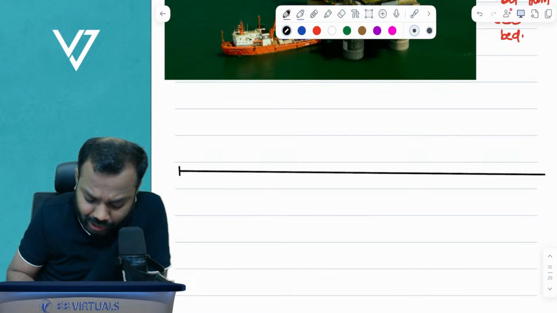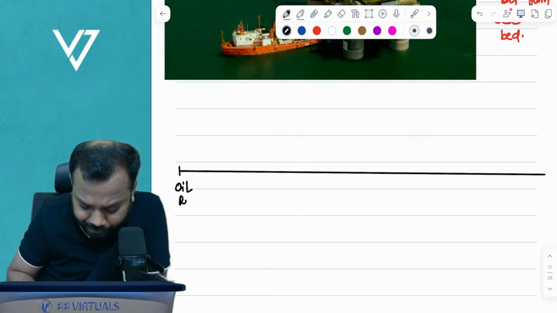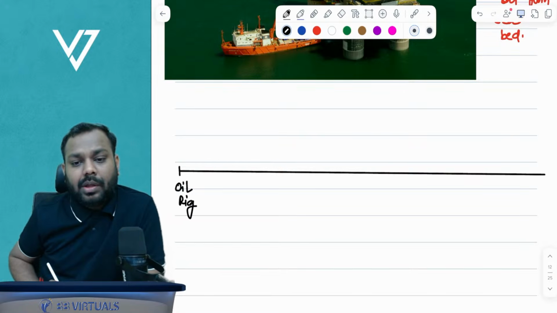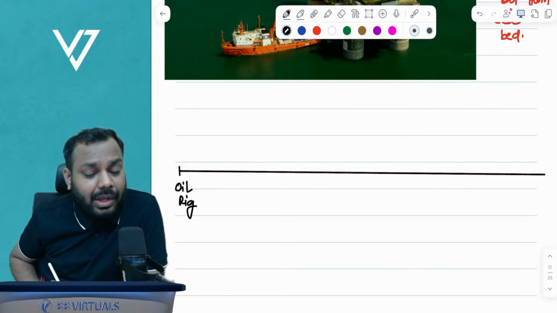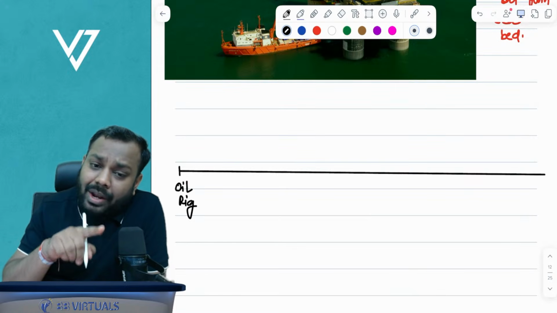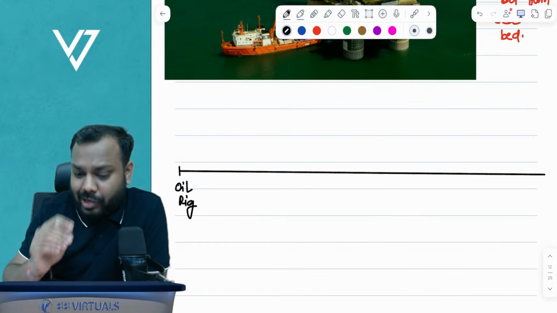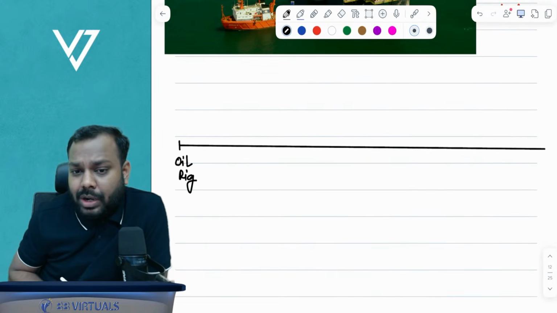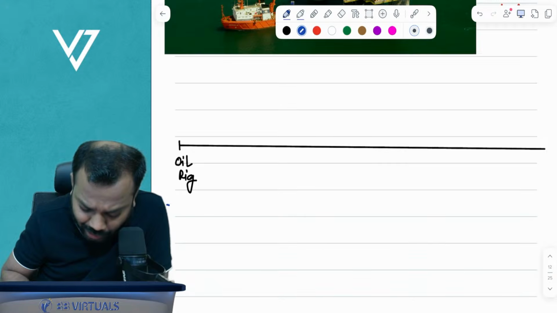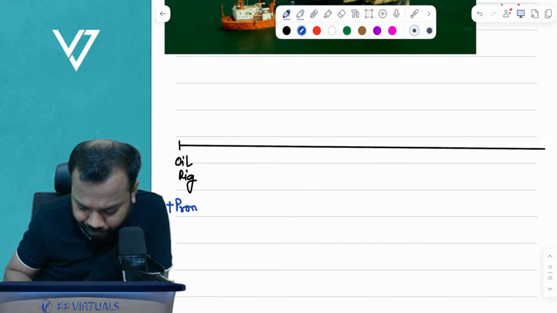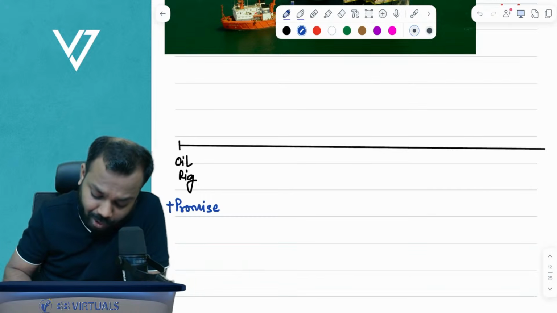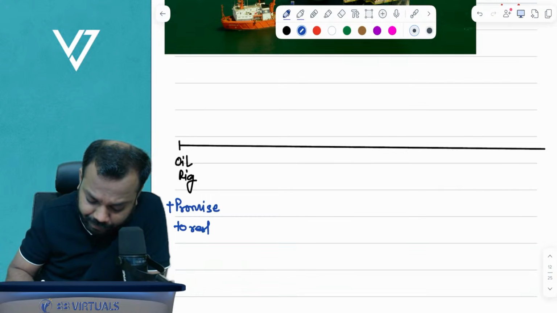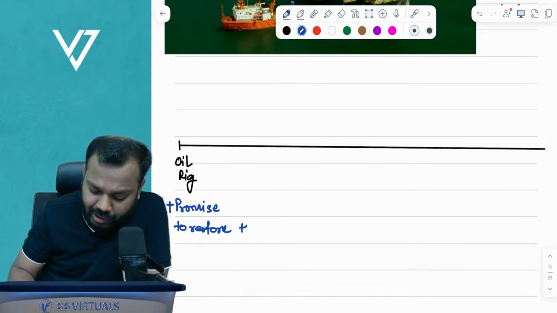We are installing the oil rig here today, right now. And when we are installing the oil rig, we are making a promise. What promise? A promise to restore the area.